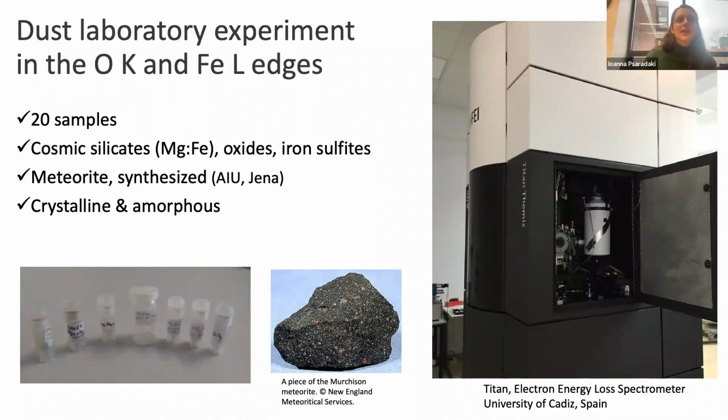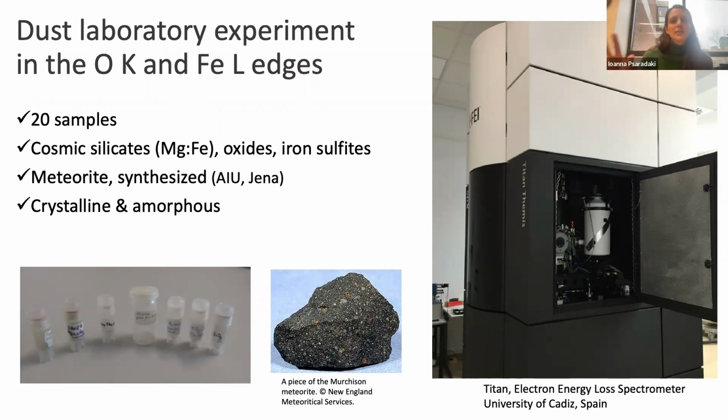We had about 20 test samples that you can see here, these small flasks with the little powder, the interstellar dust, that are silicates with different magnesium to iron ratio, oxides, and also iron sulfates. Some of them are natural from meteorites or were synthesized in a laboratory in Vienna. And most of them come in both crystalline and amorphous form, so we can study the crystalline dust grains as well.